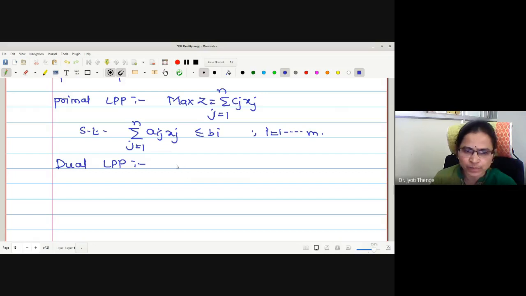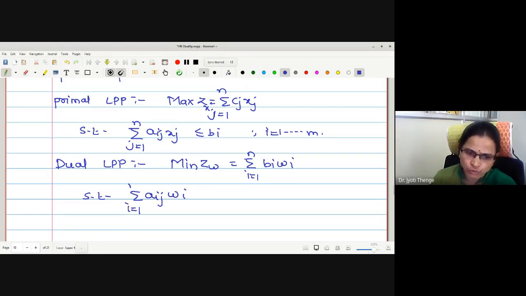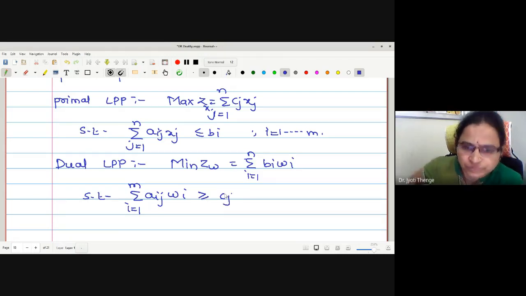What is the dual LPP? Minimize Zw equal to summation bi wi, i running from 1 to m, subject to the constraints summation Aij wi, i running from 1 to m, greater than or equal to Cj.